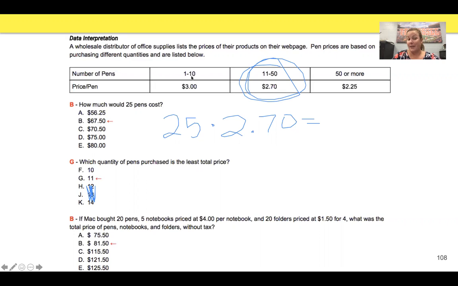Well, 10 at $3 is going to give me what? $30. But then 11 at $2.70 is going to give me what? $27.